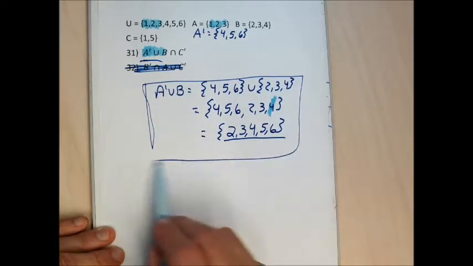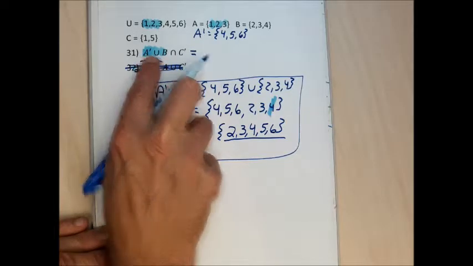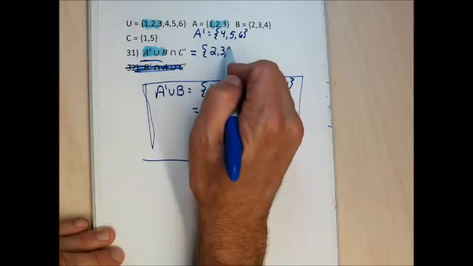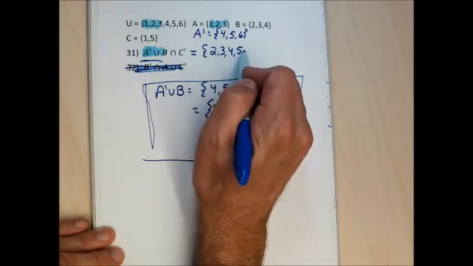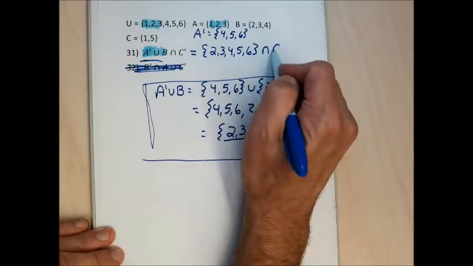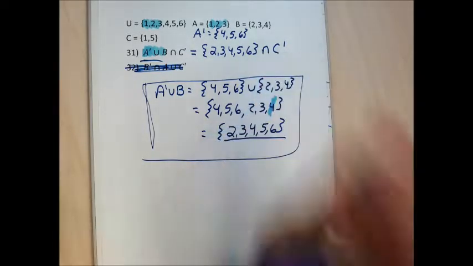So this is kind of side work, and now I can start doing the problem. So the A complement union B, I'm going to change to the set 2, 3, 4, 5, 6. And then I'm going to leave the intersection C complement. So I need to know what to put in place of that C complement.